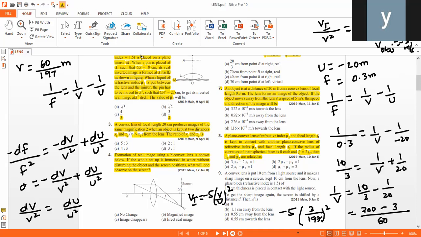So speed of image is minus 5 into 0.000225. So speed of image will be 0.001125.